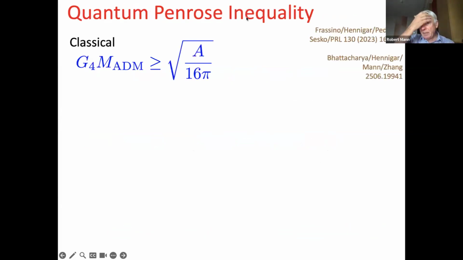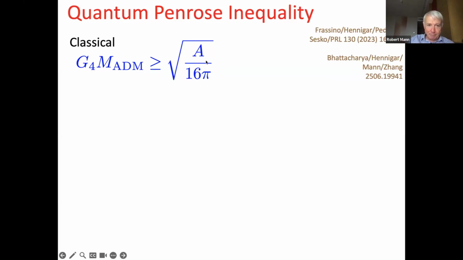I mentioned earlier the quantum Penrose inequality, so I will say a little bit about that here. So Roger Penrose showed quite a while ago that it appears that the ADM mass of a black hole is lower bounded by the square root of the area over 16 pi.